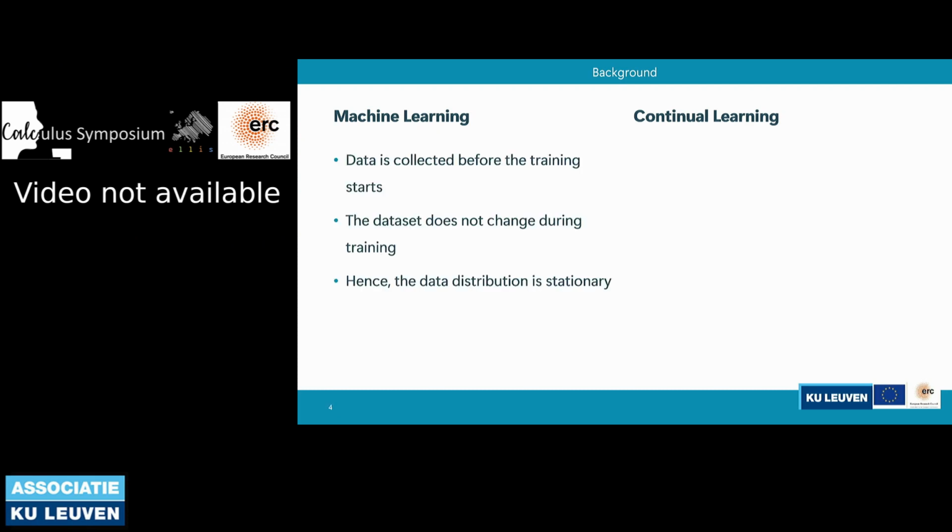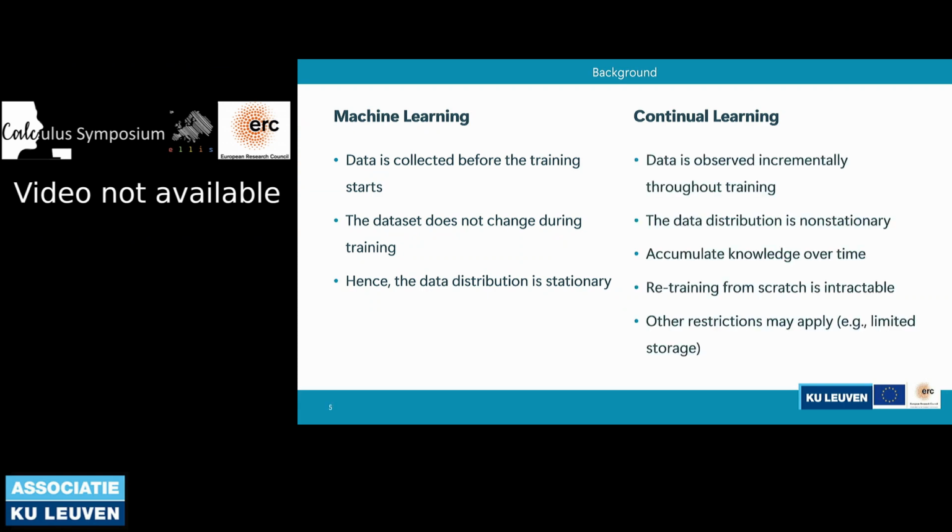In such a traditional setting, the first thing to do is collect data. Once we are done collecting the data, we can feed it to the model. We assume that the data set will not change during the training process, and therefore, we can say that the distribution of the data is going to be stationary throughout training.